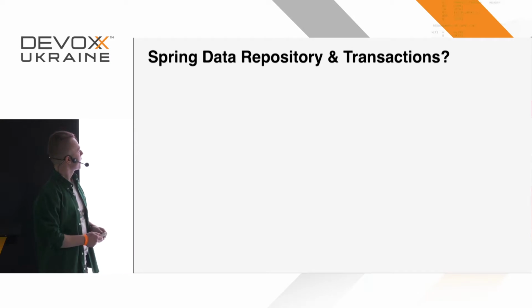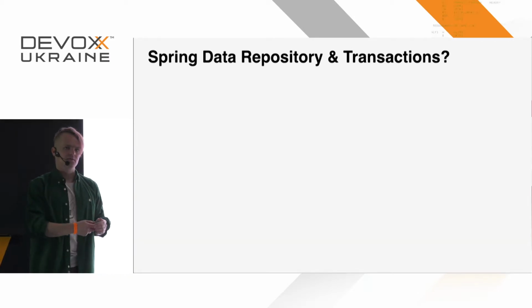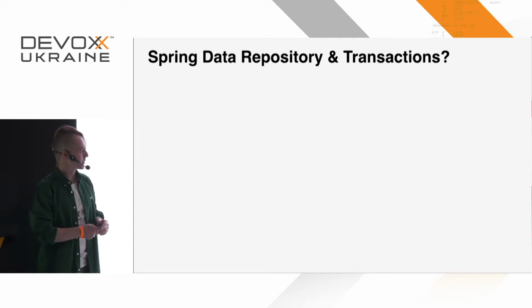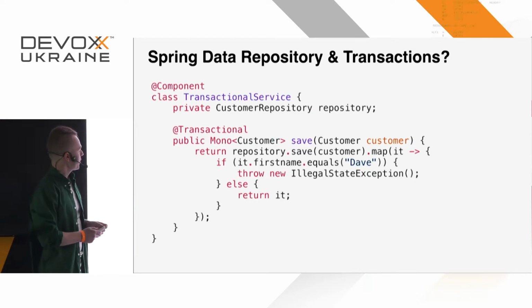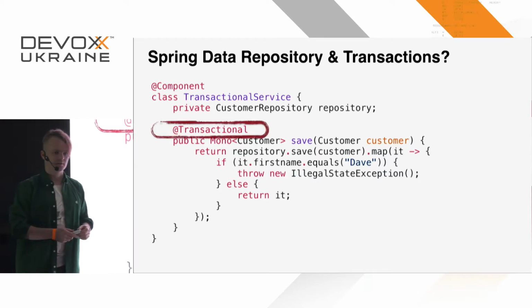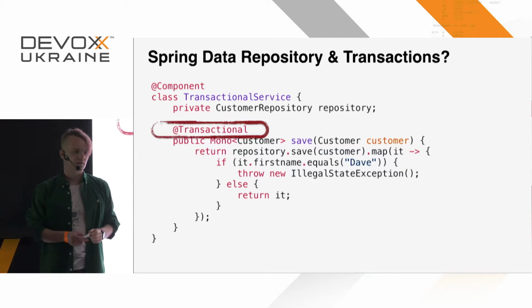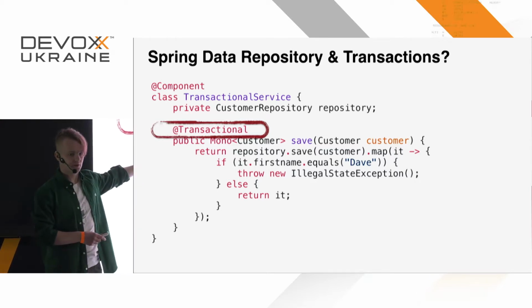Cool. What about transactions? It was a trouble for R2DBC for some time, but now you may write something like that. Just add @Transactional, and everything inside will be run under one transaction. It's cool.